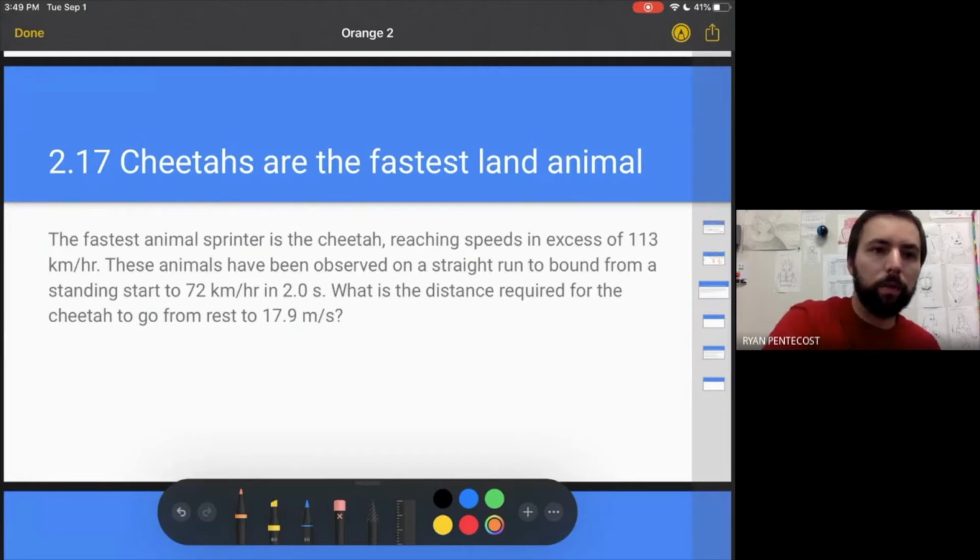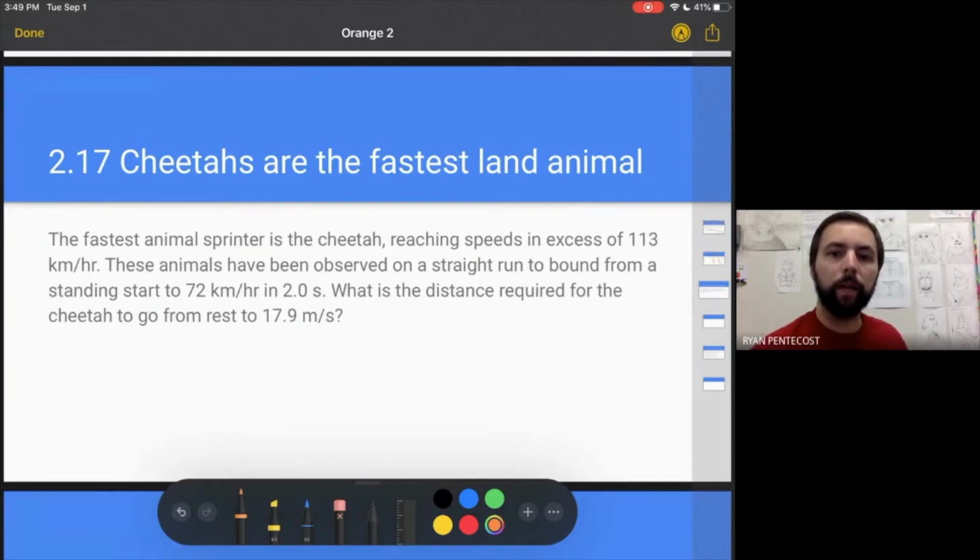That is approximately 45 miles per hour. Okay. So we know that the cheetah can go from standing to 45 miles per hour approximately in 2 seconds flat. What is the distance required for the cheetah to go from rest to 40 miles per hour? Those are just to get an idea of those speeds in your more common vernacular. But for this math, all metric.